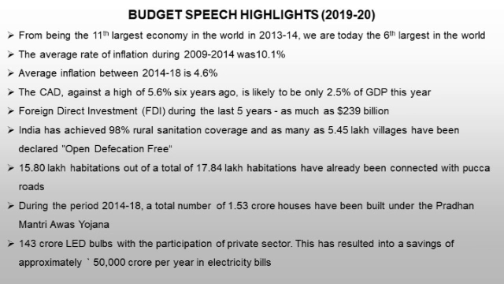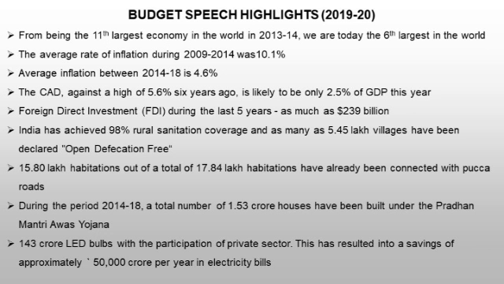Then the Pradhan Mantri Awas Yojana, another flagship program of the government, has constructed 1.53 crore houses. Then 143 crore LED bulbs have been distributed under UJALA, which means Unnat Jyoti through Affordable LEDs for All.